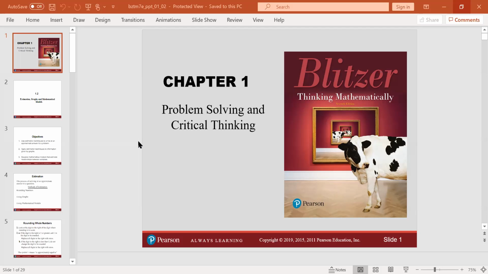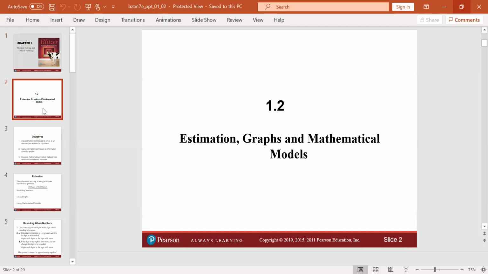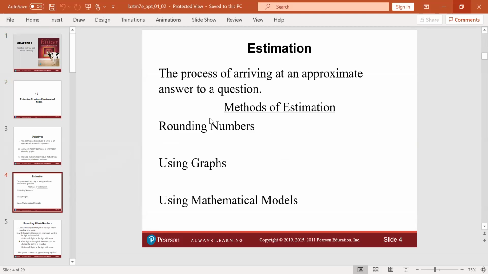That's obviously a much bigger task to do. Therefore, it is something we are going to be asked to do in a math class. So that's what we're concerned with in chapter 1. So estimation, graphs, mathematical models. Anytime you see mathematical modeling, that's usually going to mean word problems are going to come up.